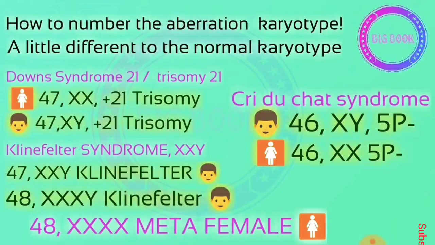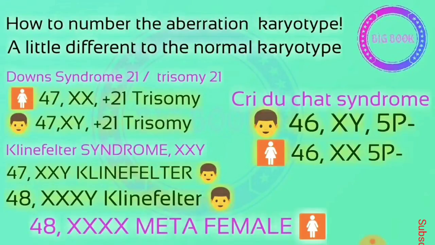So this is how we are going to mention the karyotype of this particular kind of aberration. Further is the 48 4X metafemale. Here it is called the metafemale, or again it is called the super female also, because of the 4X chromosomes.